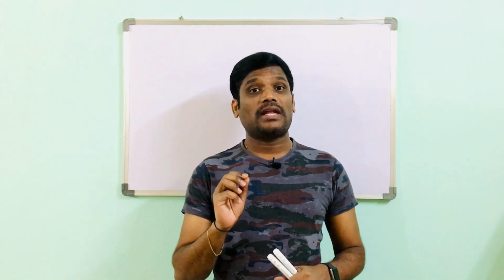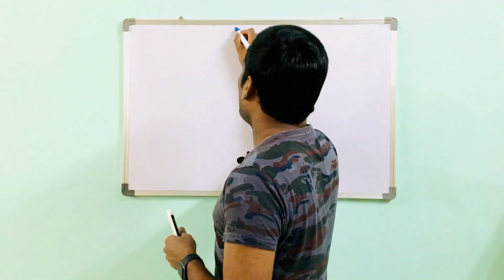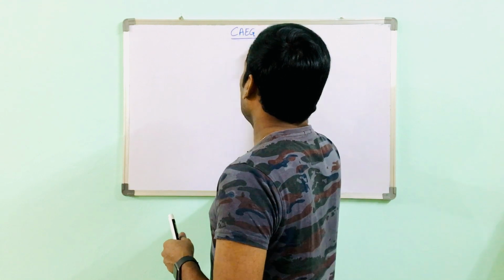My video may be lengthy because you are supposed to be patient and listen to each and every point. The concepts which I am going to highlight, I am going to give you certain answers also in between. Please listen carefully and share this video with your friends so that it may benefit them at the last minute, dear students. Today's video lecture is all about computer aided engineering graphics unit 2.